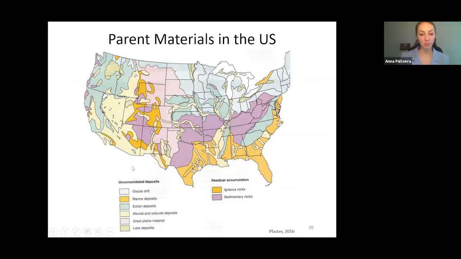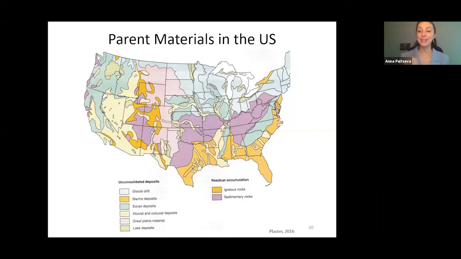There's some, what's this color, very pale, alluvial and colluvial, so it's brought by streams, by rivers, fluvial deposits, by wind. So the parent material deposits or rocks that form the US are very diverse, very heterogeneous.